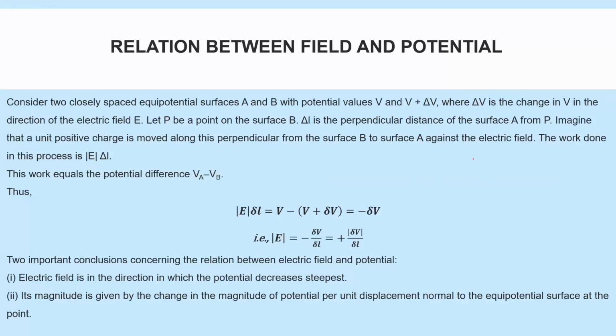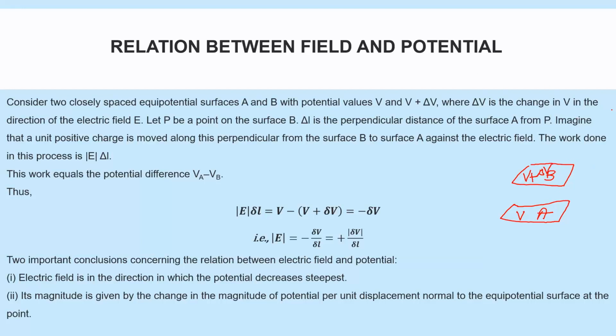If you consider two closely spaced equipotential surfaces A and B, suppose this is your B and this is your A, and the potential values will be, suppose, V and V plus del V. Del V is the potential difference between the equipotential surfaces A and B.